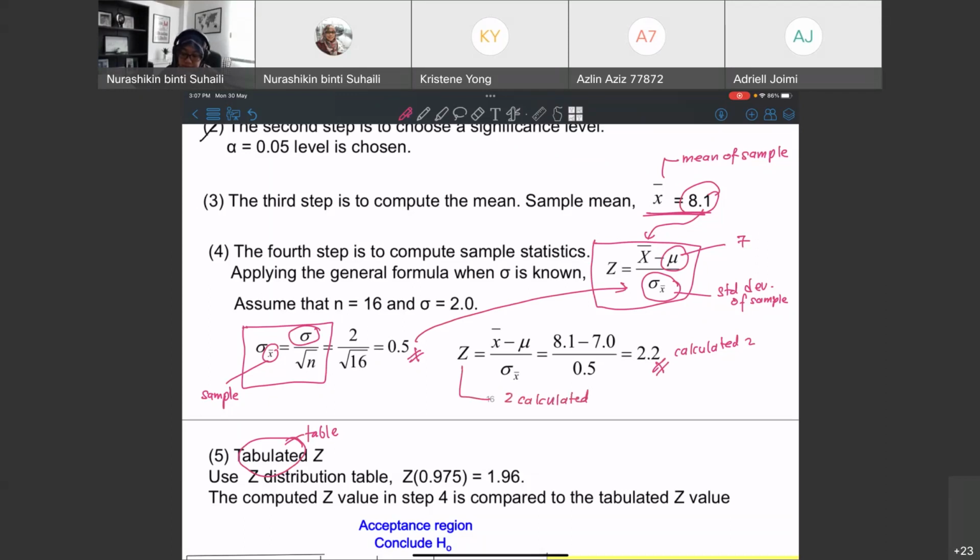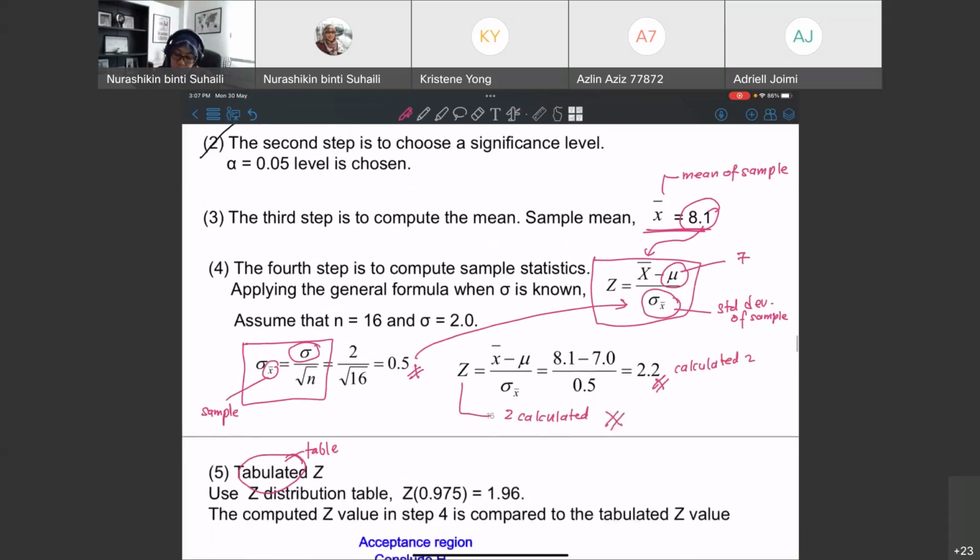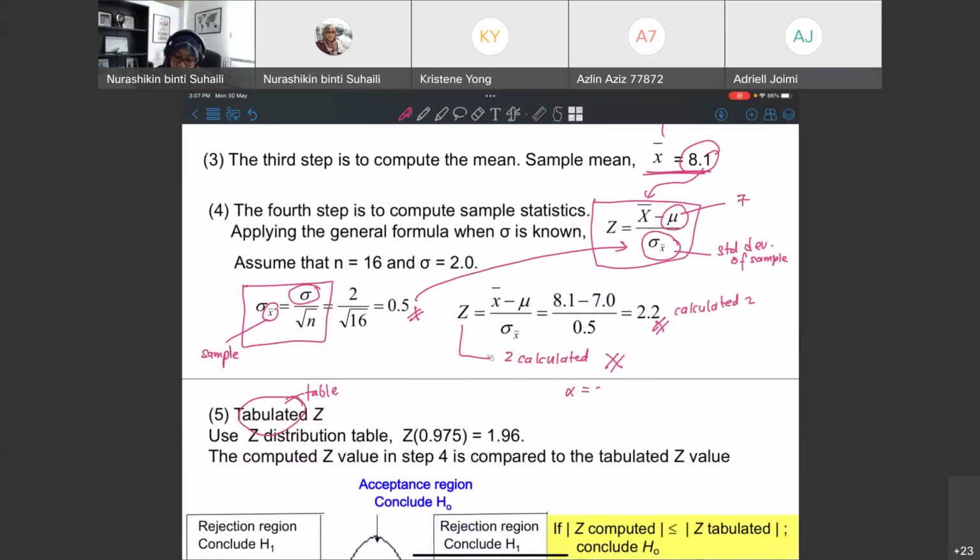Okay, you're not done yet. The next thing is you have to find the Z tabulated, or the Z value from the tables. What information can you use to find the tabulated Z? Remember the alpha is 0.05, given, or you have to define your alpha.